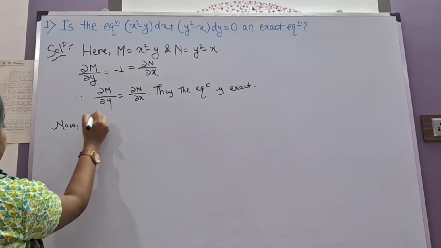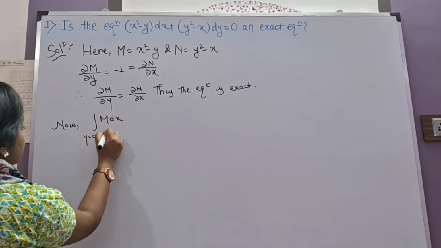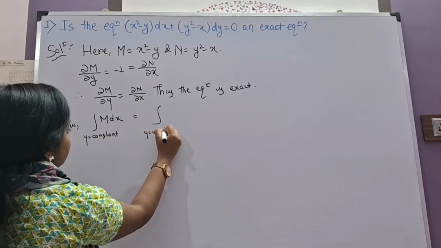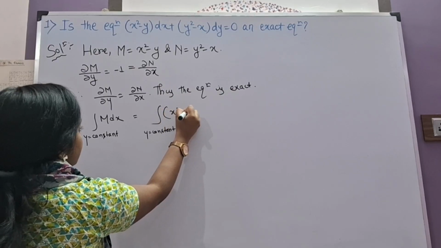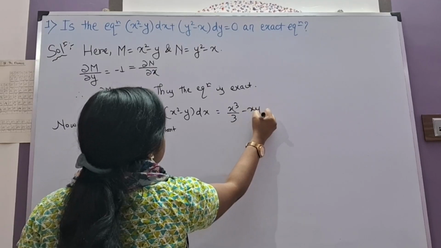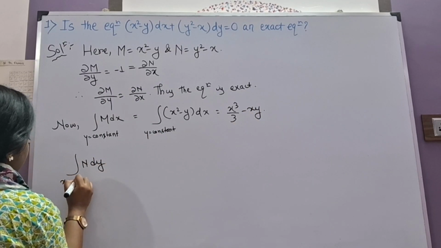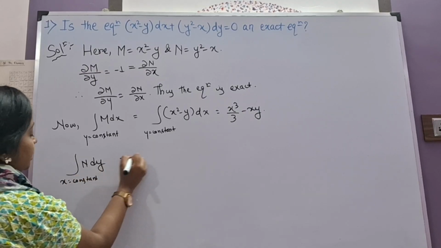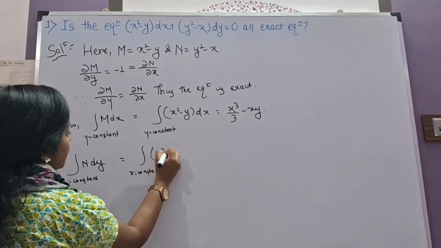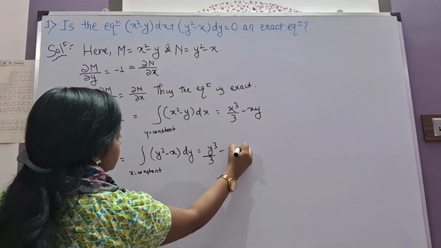Now, integration of M dx when y equal to constant equals integration of x square minus y dx, which equals x cube by 3 minus xy, and integration of N dy when x equal to constant equals integration of y square minus x dy, which equals y cube by 3 minus xy.